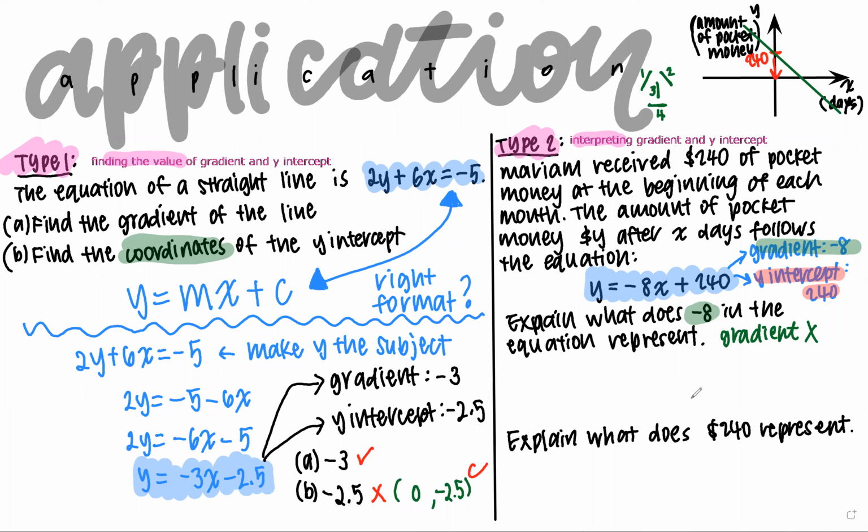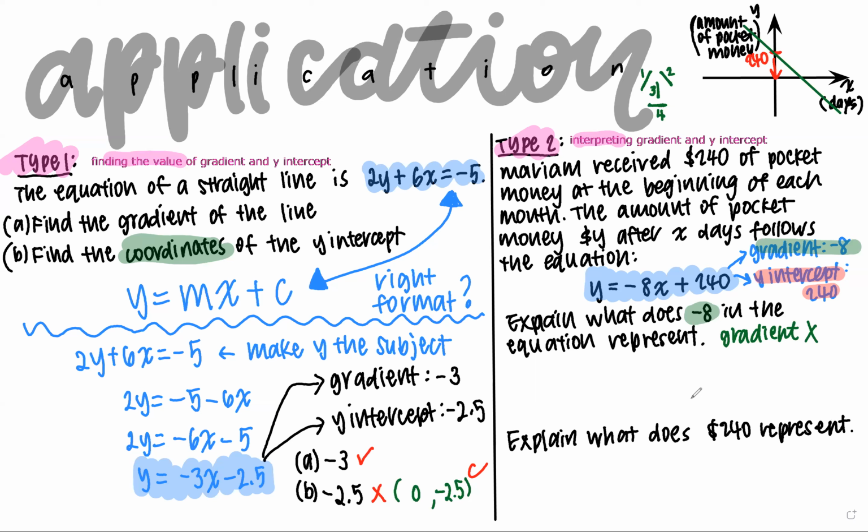If you look at type 1, you guys will know it's a very big clue on how we do coordinates. It is the point in the line where the line intercepts the y-axis. Then how do you get the answer for type 1? Then type 1, how do you find the coordinates of Y-intercept?